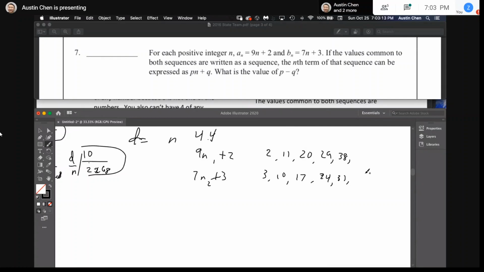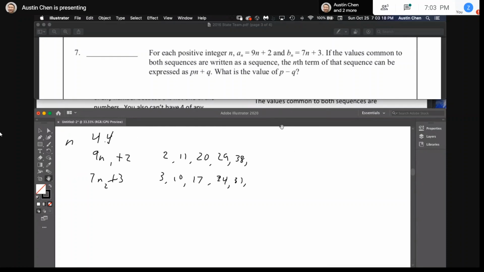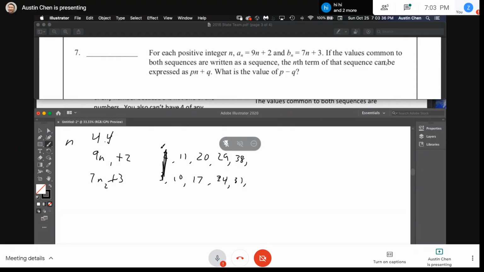We don't have any initial matches. Oh, yeah, okay. Positive integers n, so n equals 0 doesn't work.